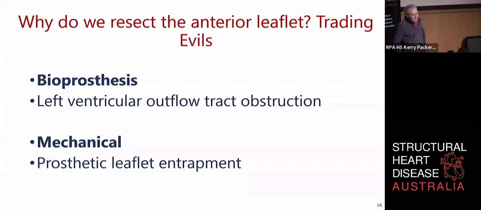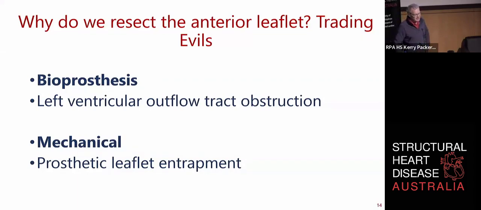So why do we resect the anterior leaflet when we put in a mitral valve prosthesis? As I say, it is trading evils at the ultimate extreme. If we use a bioprosthesis, we are at risk of getting left ventricular outflow tract obstruction.